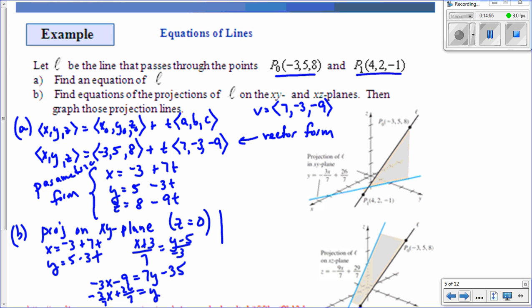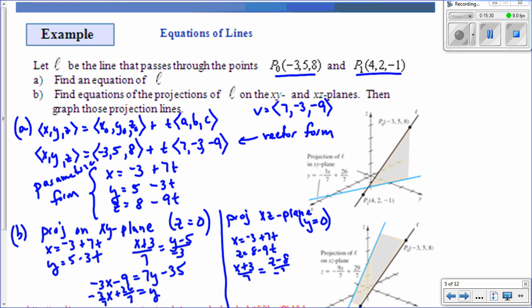Now let's look at the projection on the xz plane. That means that the y coordinate would be 0. Everything in the xz plane has a y coordinate of 0. So let's take the two equations, x equal to -3 plus 7t, and z equal to 8 minus 9t. That's (x plus 3) over 7 equal to t, and that's equal to (z minus 8) over -9.